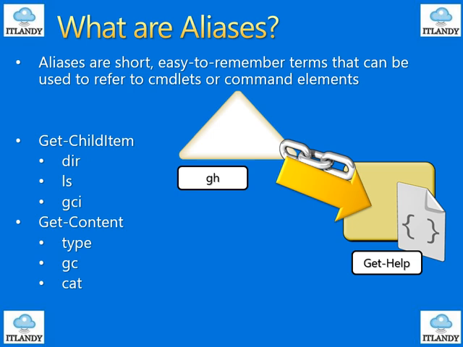There are many default aliases in PowerShell. For example, dir and ls are both shortcuts for Get-ChildItem. Users can create their own aliases using the New-Alias cmdlet. User-created aliases last for the duration of the PowerShell instance, but will be lost when PowerShell is closed.